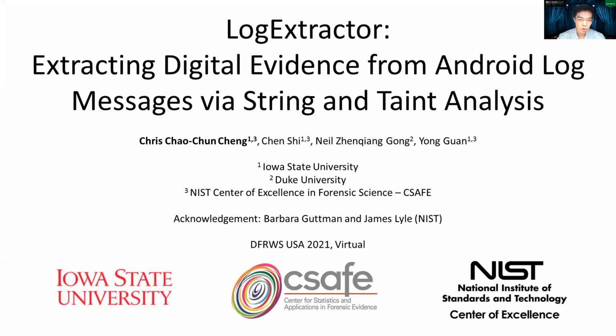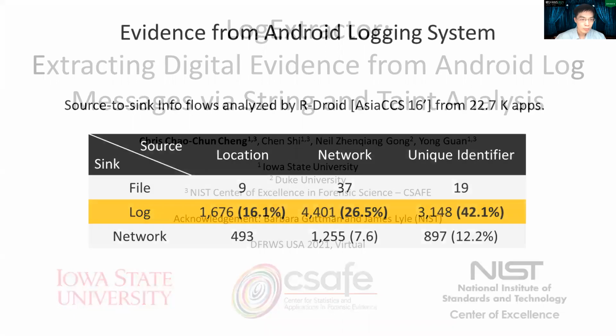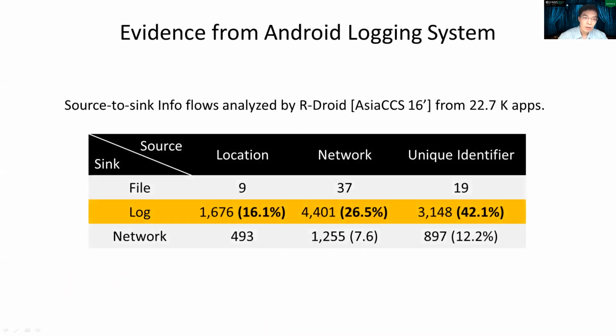We propose LogExtractor as an automated approach for identifying and extracting digital evidence from Android log text corpus. Searching evidence in the text corpus is one of the most popular ways when forensic practitioners look into mobile devices.